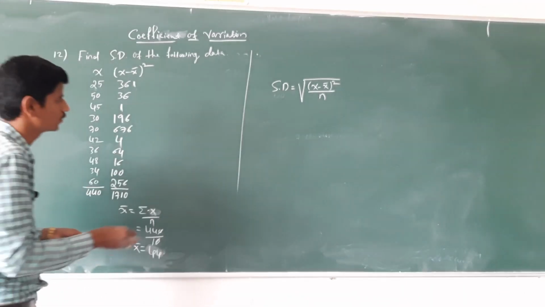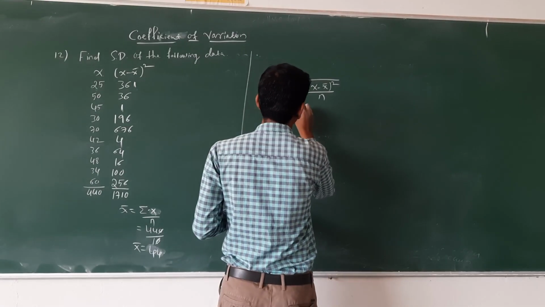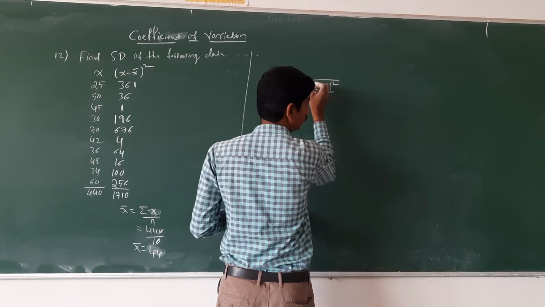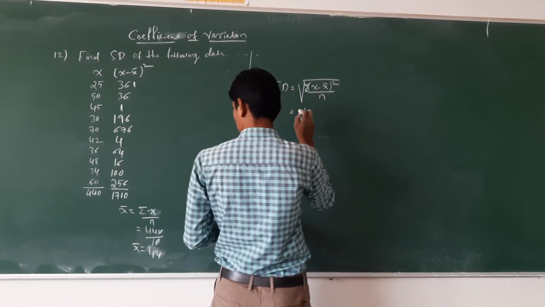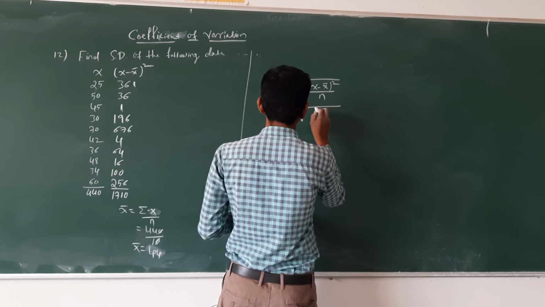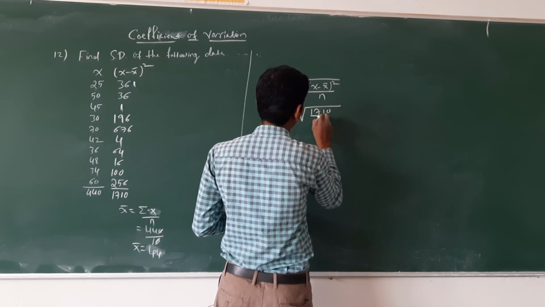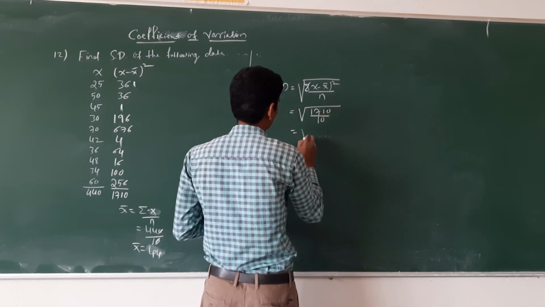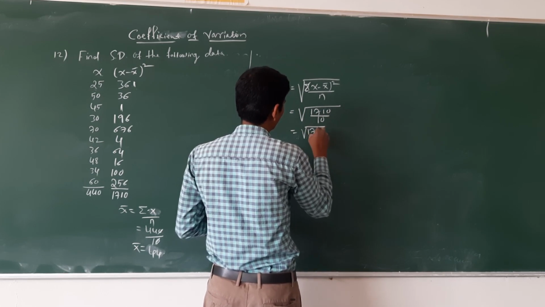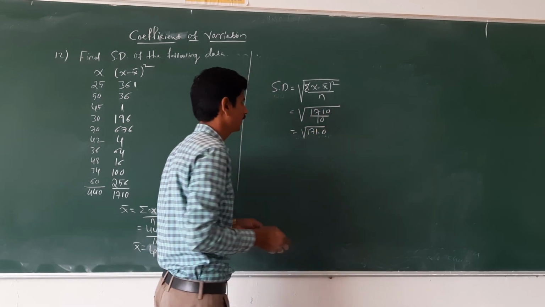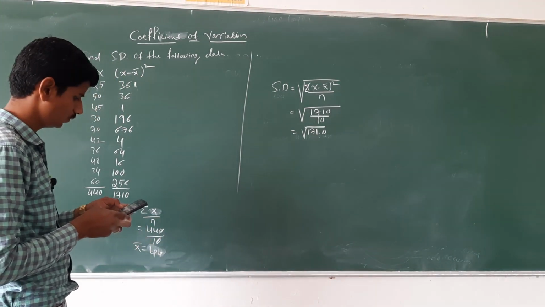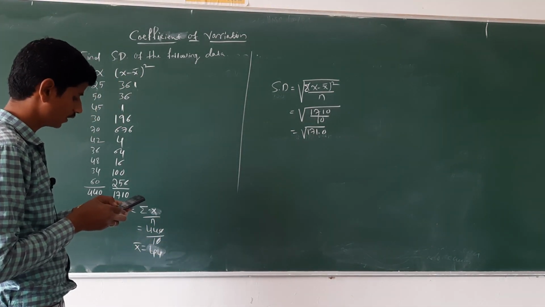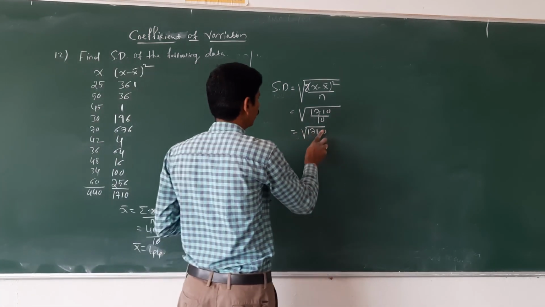Then substitute the values. Sigma equals the square root of sum of x minus x bar whole square by n, that is 1710 divided by 10. Here 1710 divided by 10 is 171.0.